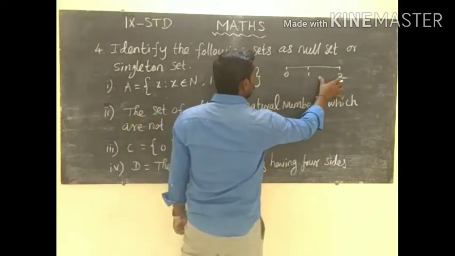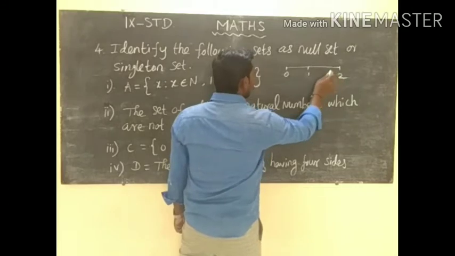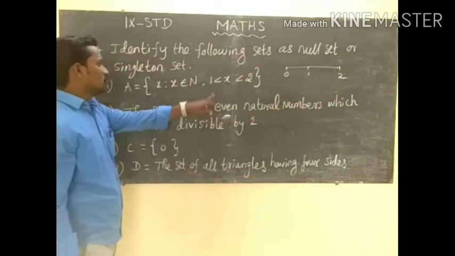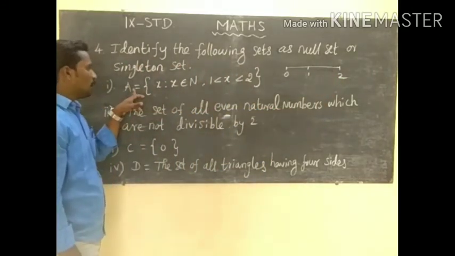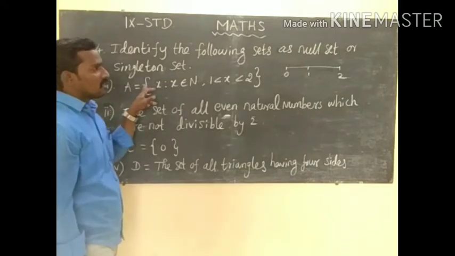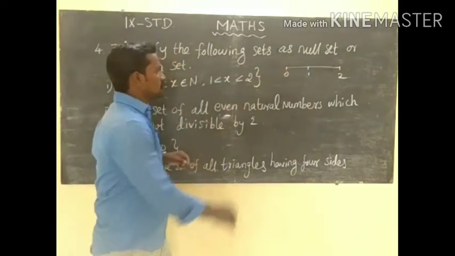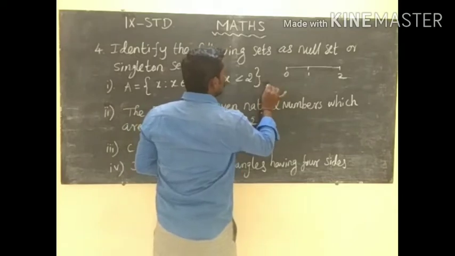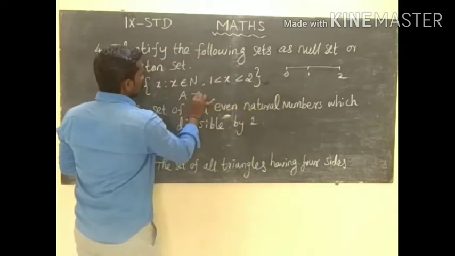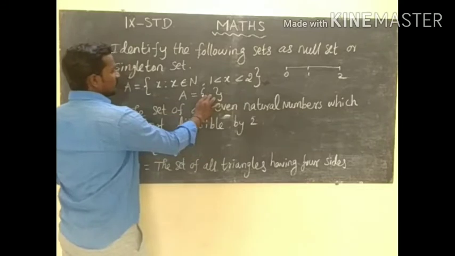Between 1 and 2 there does not exist any integer, so no value appears. That is called a null set. So the answer is A is equal to the empty set.